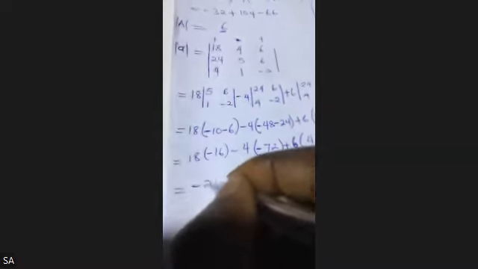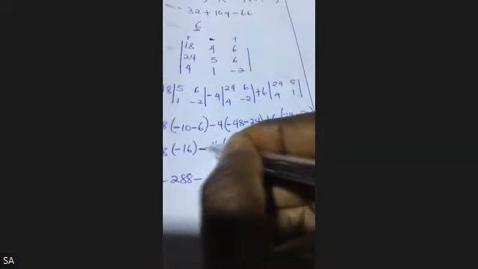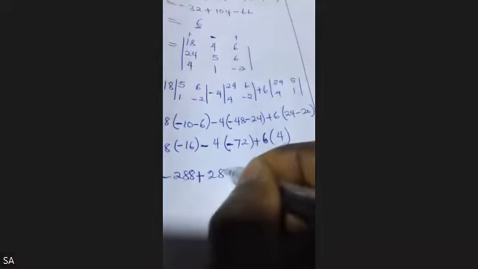Oh. Okay. What do you have? 288. So this is minus 288. Multiply by this minus, it will give us plus. Then 4 times 72, 72 times 4 should be 288. Okay, 288 is correct. 6 times 4 is 24.